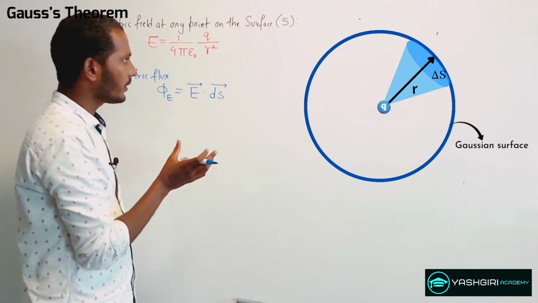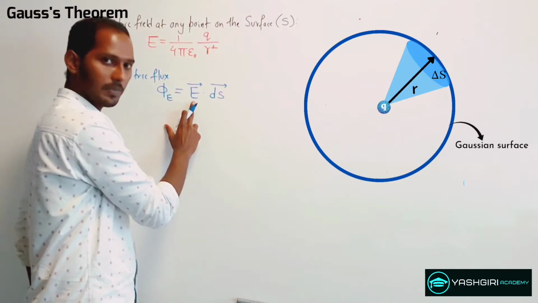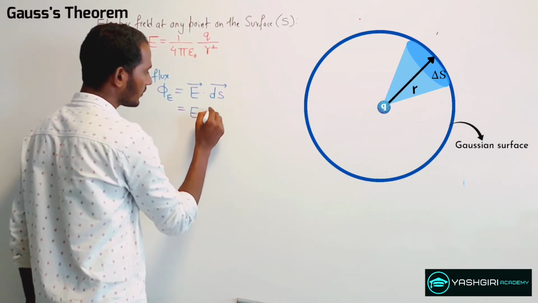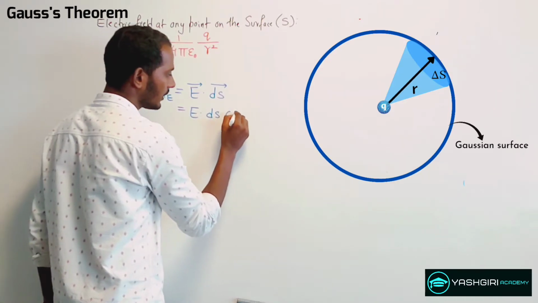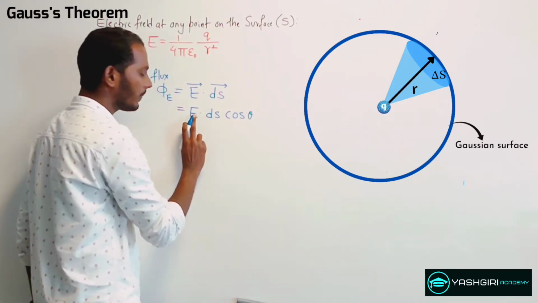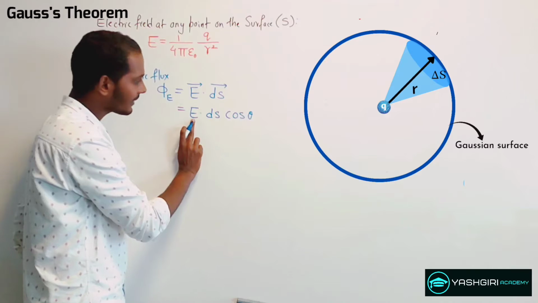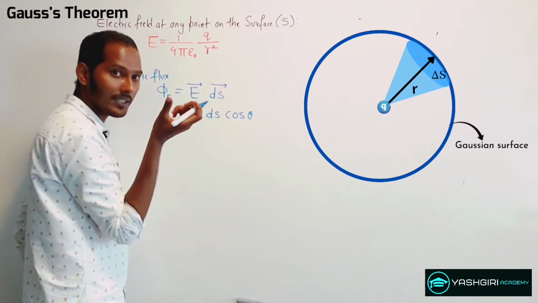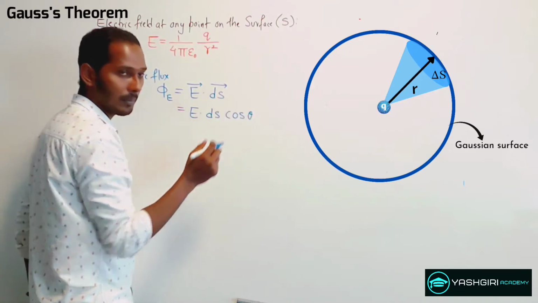The same expression I can write as E ds cos theta, where theta is the angle between the electric field lines and the unit vector of this small planar area element.